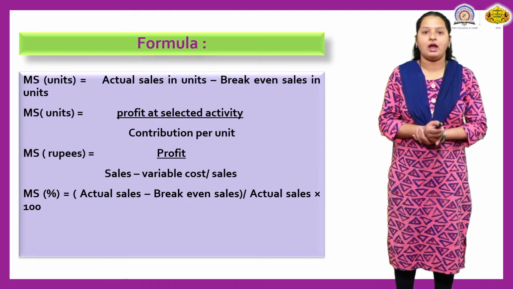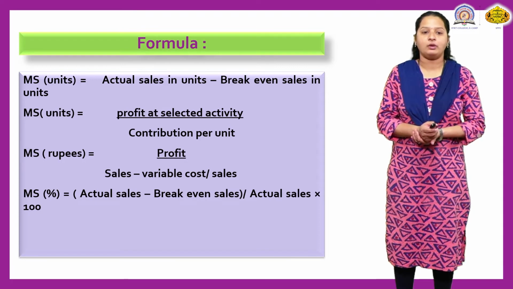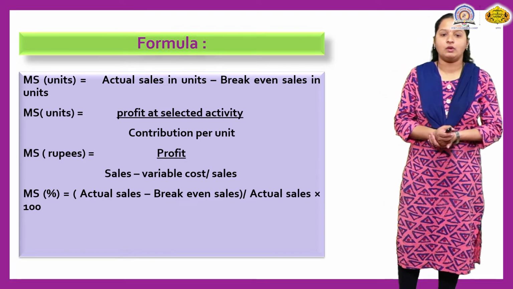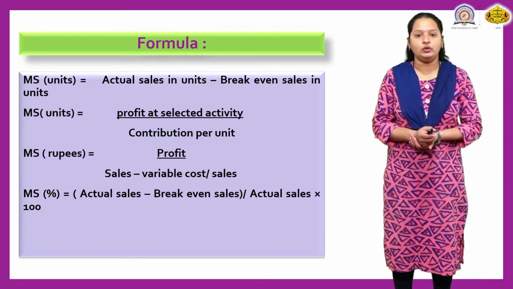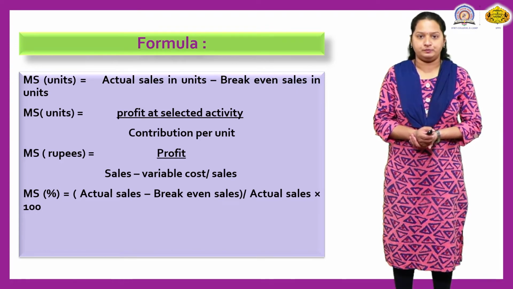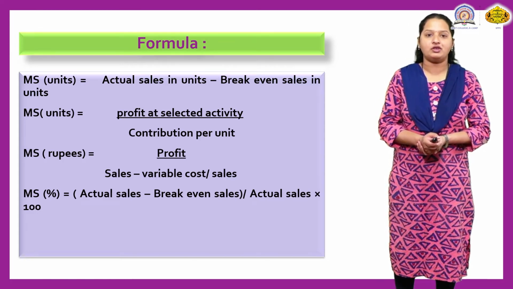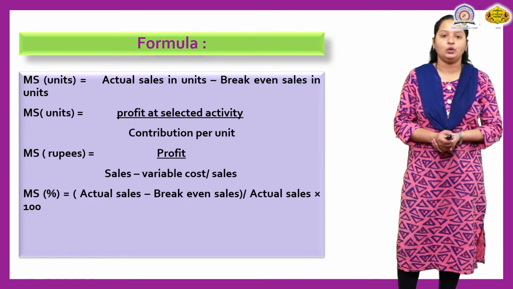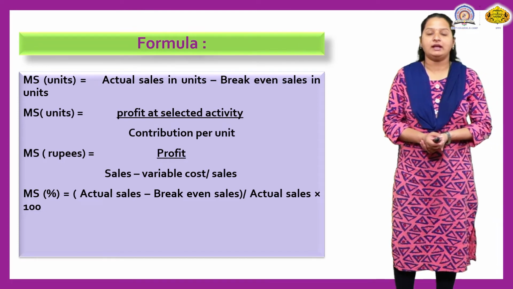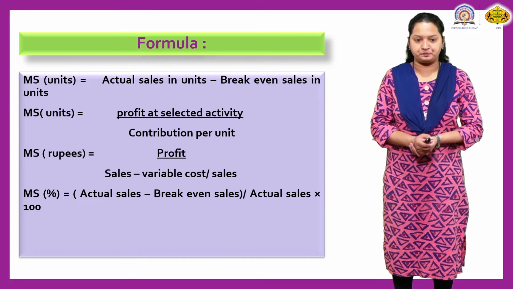Then there are formulas for calculating this MOS. The first formula is MOS in units is equal to actual sales in units minus break-even sales in units. Another formula for calculating margin of safety in units is profit at selected activity upon contribution per unit.